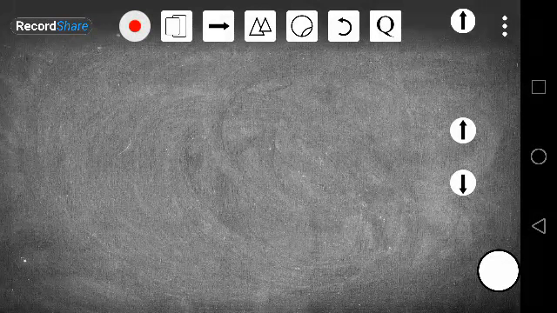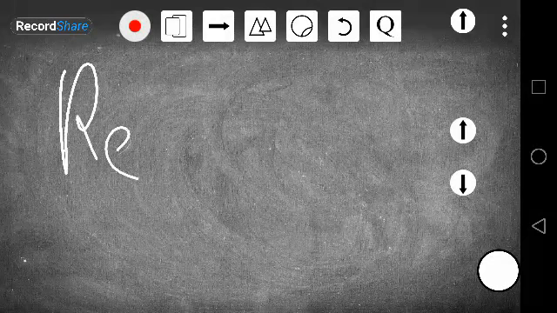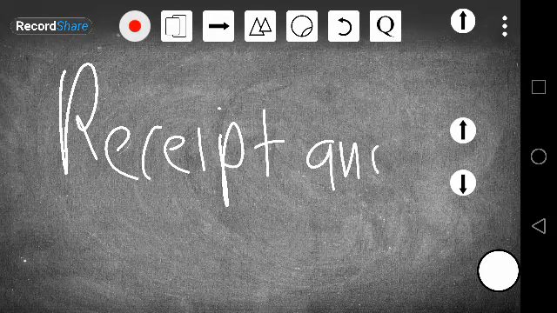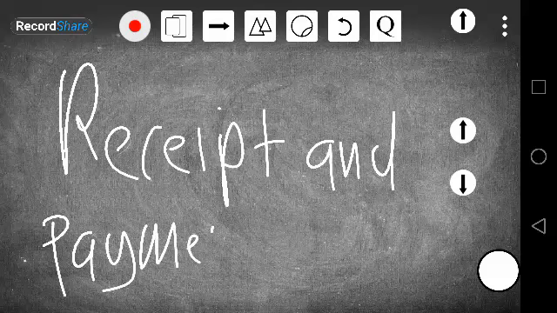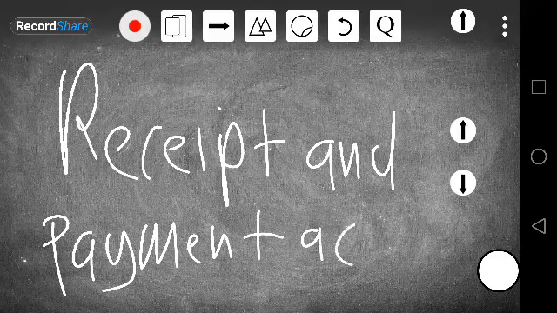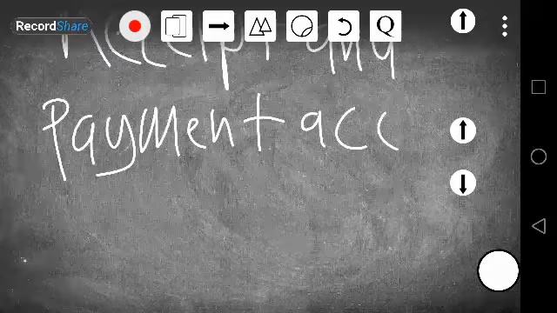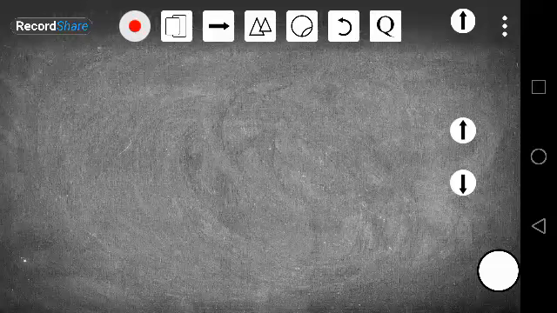So we can only prepare a receipt and payment account if the organization doesn't have any assets. But the moment the organization has got some asset, we no longer prepare a receipt and payment.